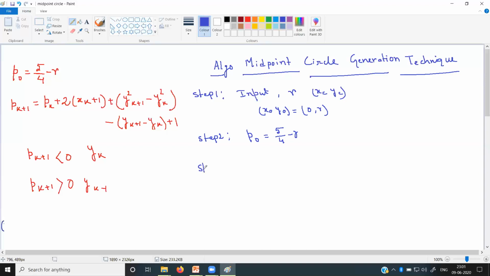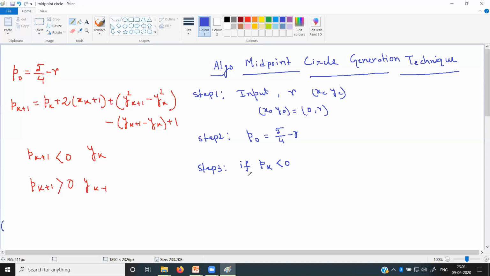Now, in the third step, we have to find the x coordinate and the corresponding y coordinate for each iteration. As I discussed just now, if k is my iteration and p of k is less than 0, then the midpoint is inside the circle.